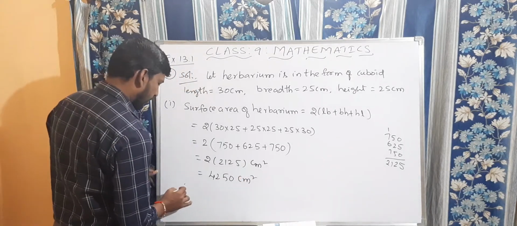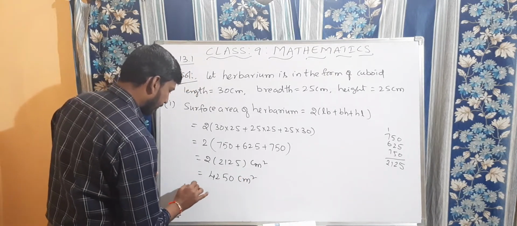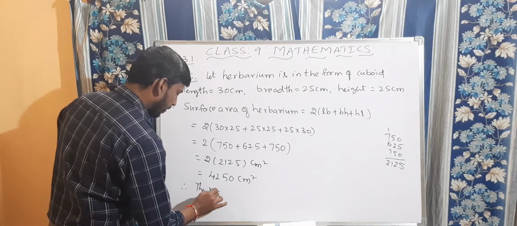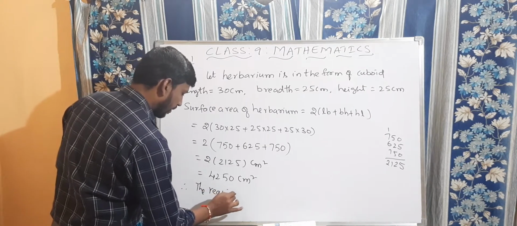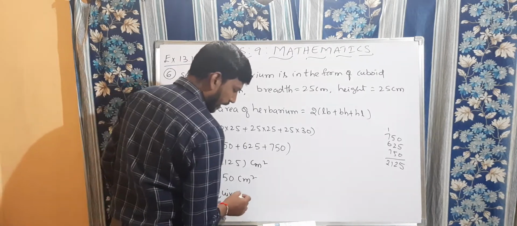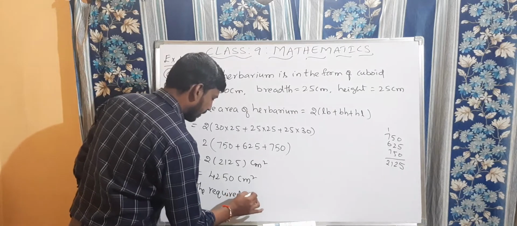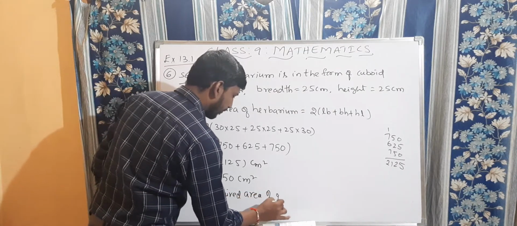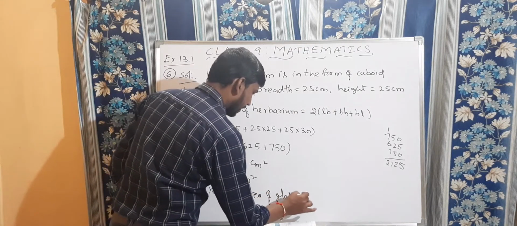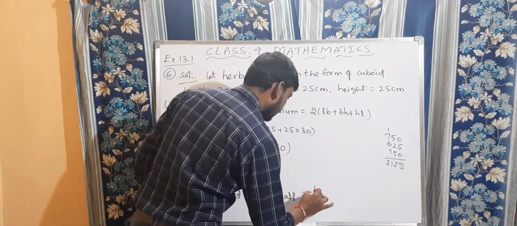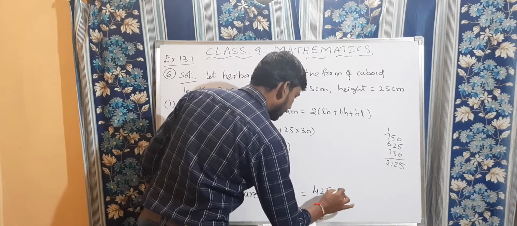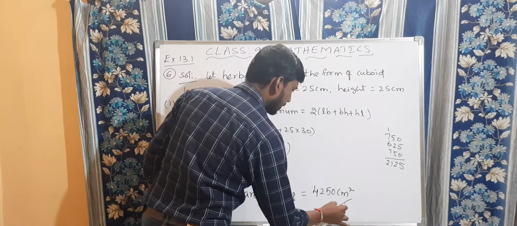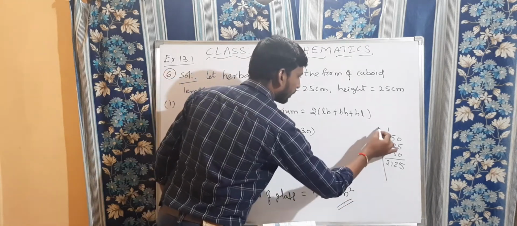Therefore the required area of glass is 4250 centimeter square. This is the total area we got.